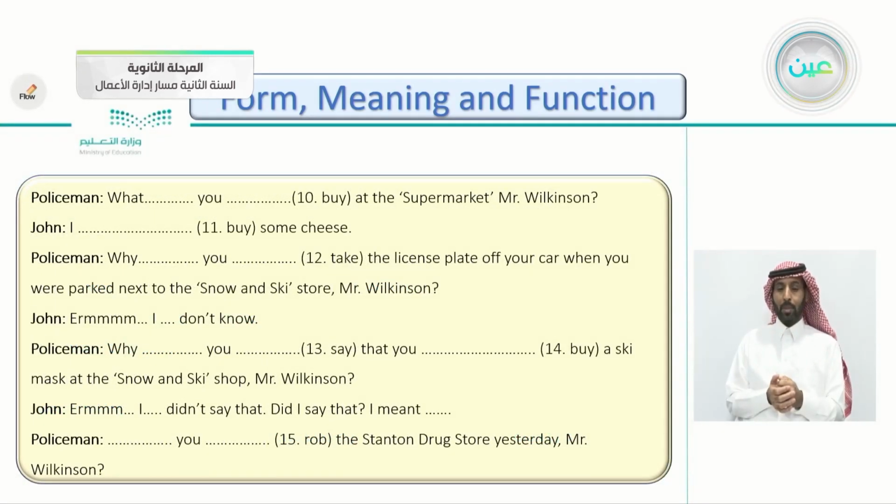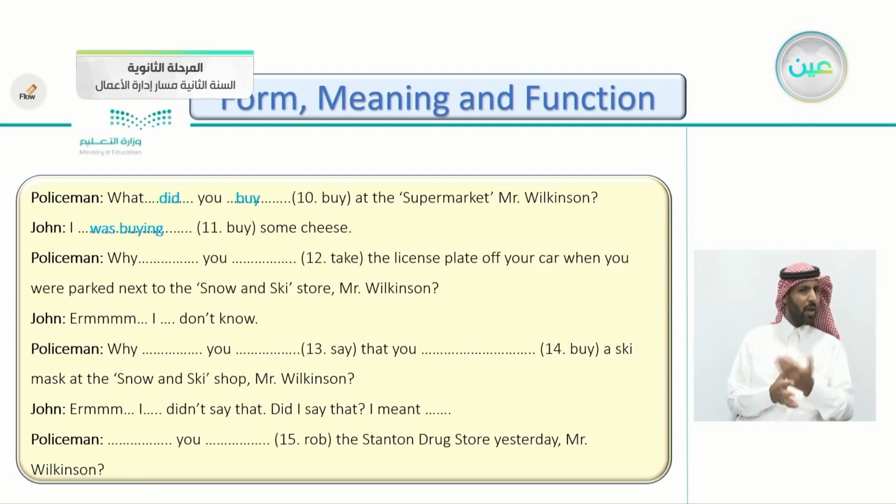The policeman said, what did you buy at the supermarket, Mr. Wilkinson? He said, I was buying some cheese. Very good. The policeman, why did you take the license plate of your car?